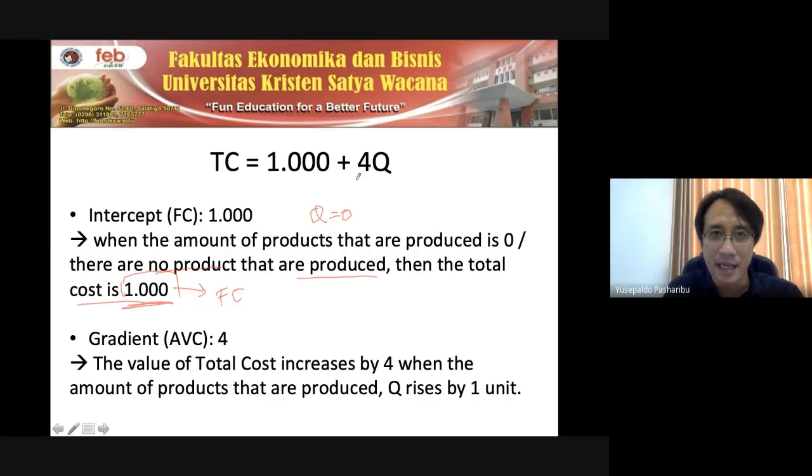And the gradient is 4. The total cost increases by 4, depending on what the 4 is.